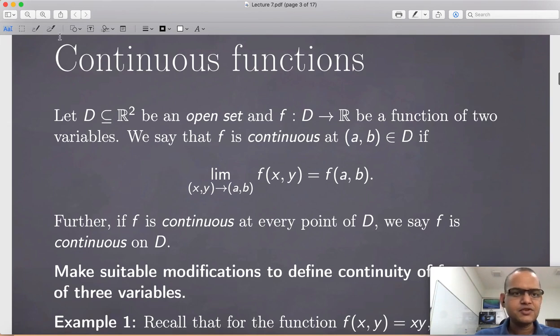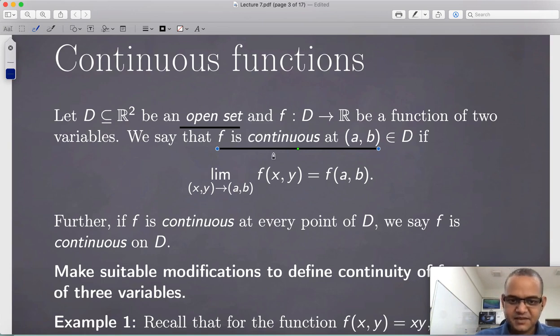Okay, so keep this as part of your definition, and then you look at a function which is defined from D to the real line, and we say that this function is continuous at the point (a, b). Okay, so now this point (a, b) is part of the domain.